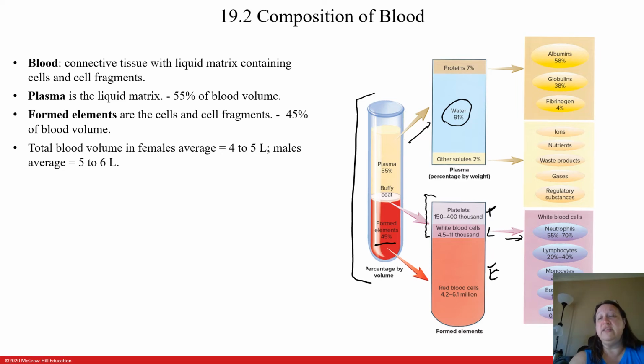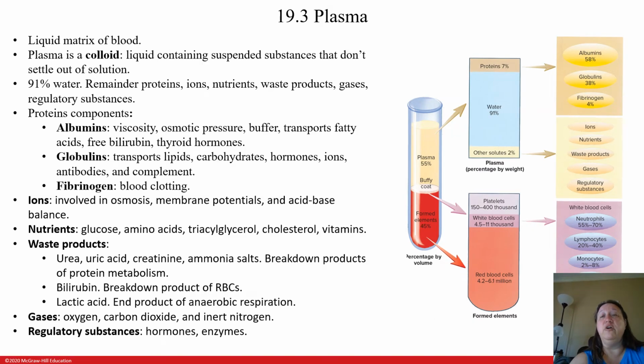Now, if we move forward to the next slide, we have the same figure. You see that I've broken down in the text for you the proteins and explained to you what each of those proteins are, as well as given you an explanation for all of the other solutes that make up 2% of the blood.